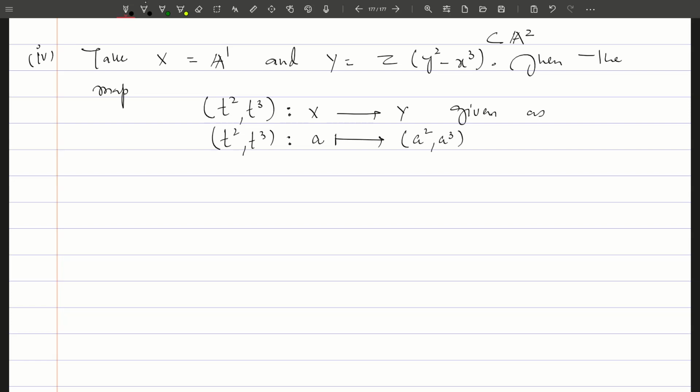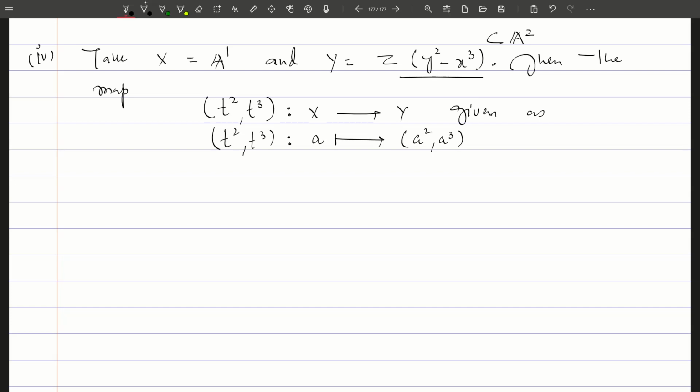One can note that this point lies in the zero set of the polynomial y square minus x cube, because if we let x be equal to a square, then we get a to the power 6 here, and if we let y be equal to a cube, then we get a power 6 also here. So we have a power 6 minus a power 6 is 0.